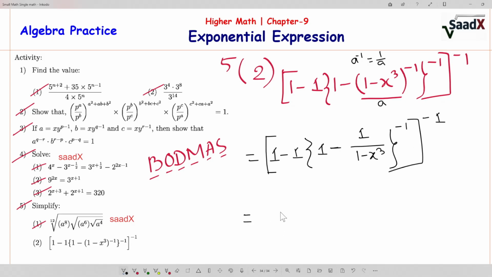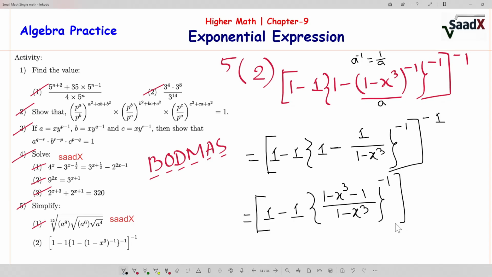Now look again, the third bracket we cannot do anything yet, minus 1, then here we can make an LCM. So here is 1 minus x to the power 3. So 1 times 1 minus x to the power 3 means 1 minus x cube, and minus 1, whole to the power minus 1, and whole to the power minus 1.